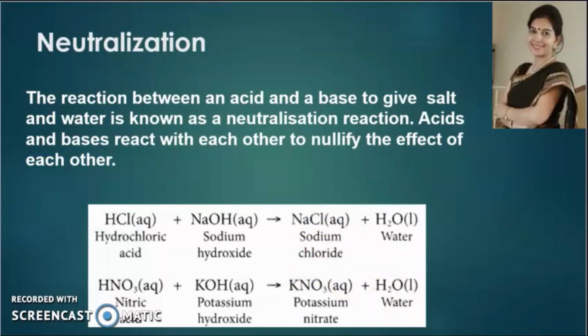The neutralization process results in the generation of heat, which raises the temperature of the reaction mixture. So in this neutralization reaction, acid and base are neutralized by each other, and in this reaction salt and water are produced and heat is released. So this is a neutralization reaction.